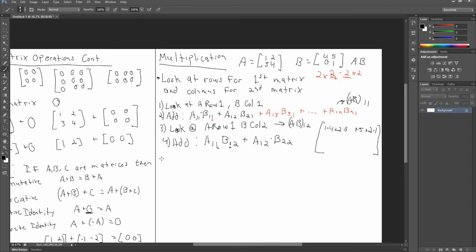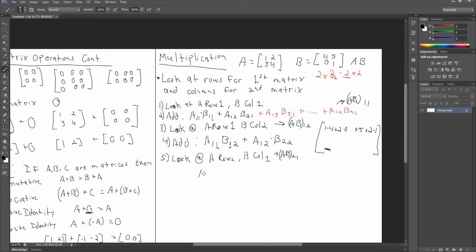So now we would look at, I keep writing A's instead of O's. So A, row 2, B, column 1. So now this is going to be going into AB 2, 1, which is row 2, column 1.